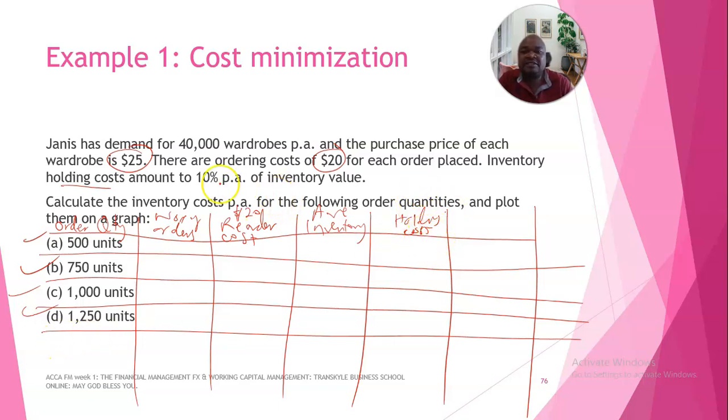Since in the question we are told that it's 10% per annum, we can leave it at per annum.